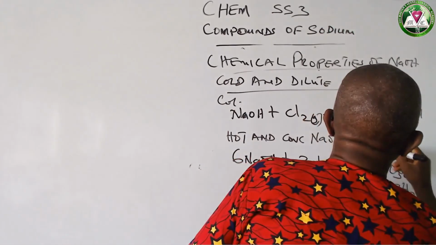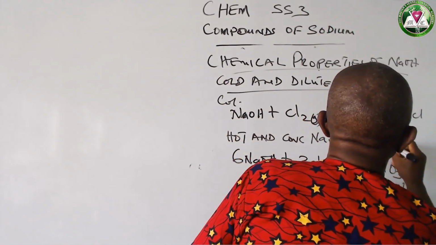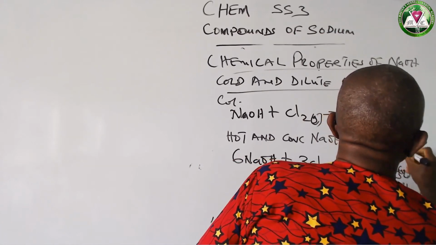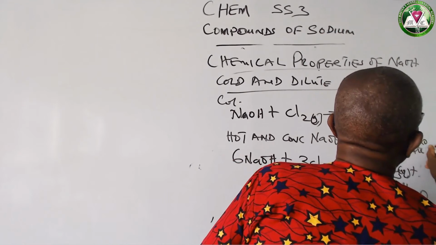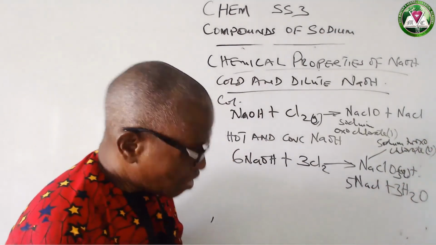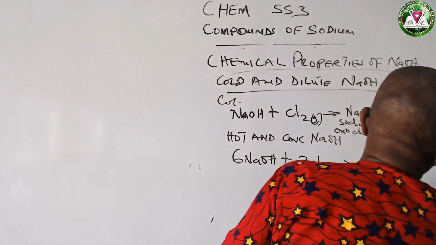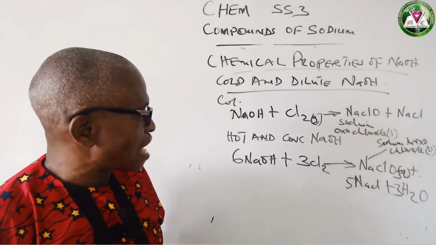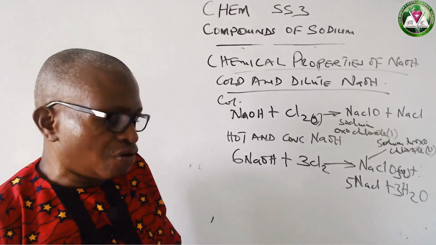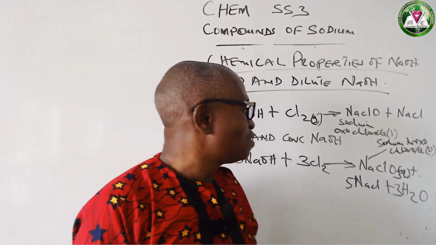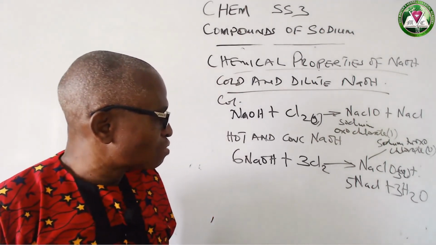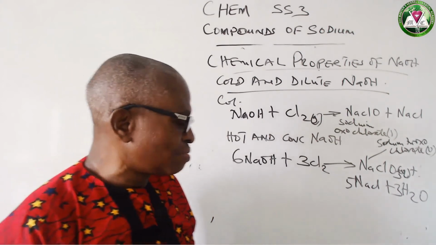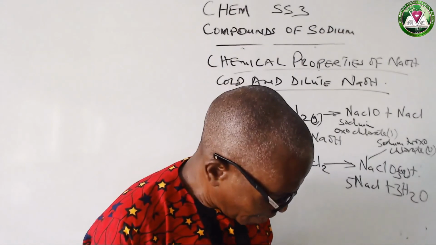This compound is called sodium trioxochlorate(V). Therefore, in an examination, if they ask you, sodium hydroxide reacting with chlorine, the major product will be sodium oxochlorate(I). If it is concentrated and hot, it will give you sodium trioxochlorate(V).